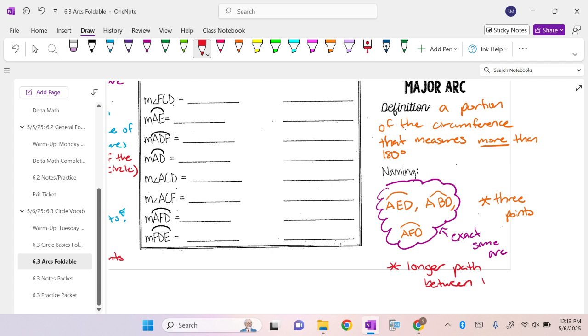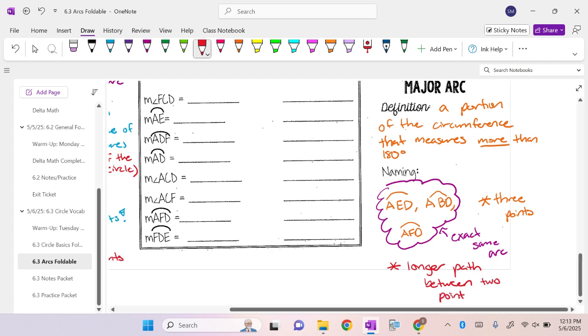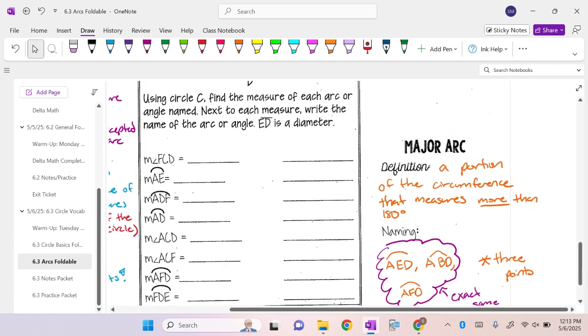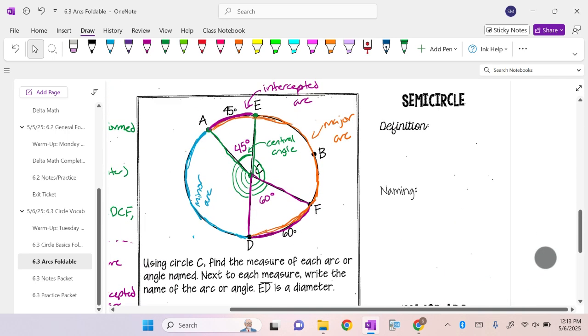So the shorter path is the minor arc. The longer path is the major arc. And then finally, we have the semicircle, which, if minor arc is less than half and major arc is more than half, a semicircle is what?